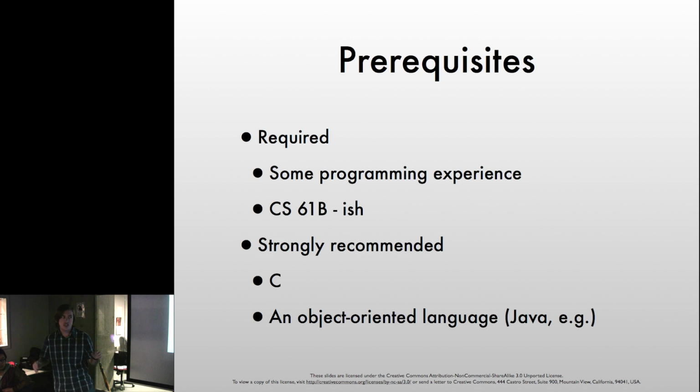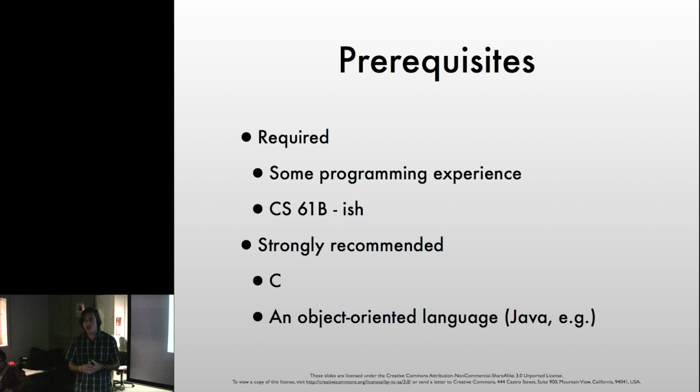So some prerequisites, just to make sure that everybody is at the level we expect. If you've never programmed before, this really isn't a class for you. We do expect you to be at about a 61B-ish level, so if you're in 61B right now, that's about where you need to be, or if you're further on than that. You need to be comfortable with new programming ideas and be able to pick up a language fairly quickly, because we're going to cover Objective-C in the first 2 weeks.